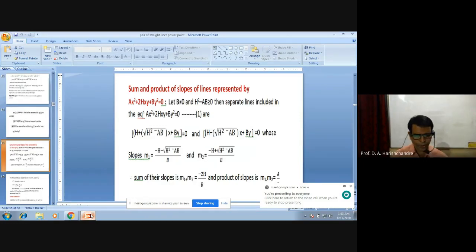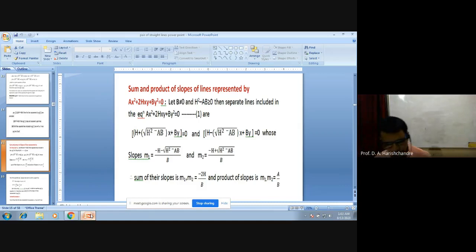The subtopic we are going to discuss here is the sum and product of slopes of lines represented by ax square plus 2hxy plus by square is equal to 0. Now ax square plus 2hxy plus by square is equal to 0 is the joint equation of two lines passing through origin.